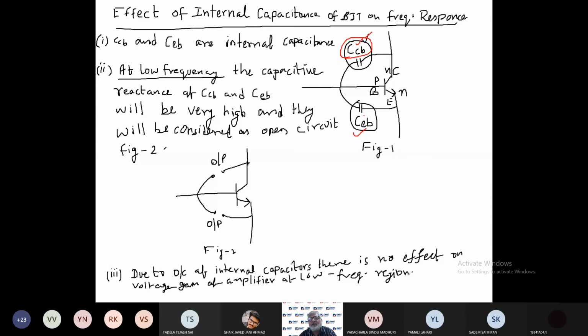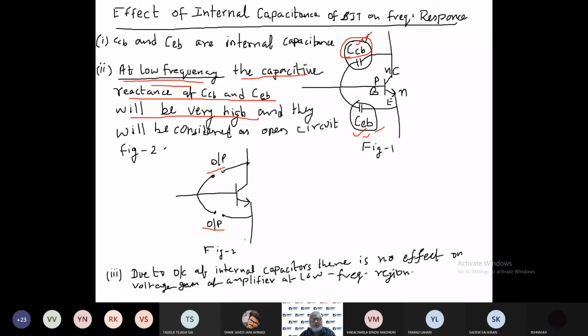Another is CEB, the capacitance between emitter and base. At low frequency of operation, the capacitive reactance of CCB and CEB will be very high, because Xc is inversely proportional to frequency. Frequency is low, so the capacitive reactance will be high. This high capacitive reactance is considered an open circuit.